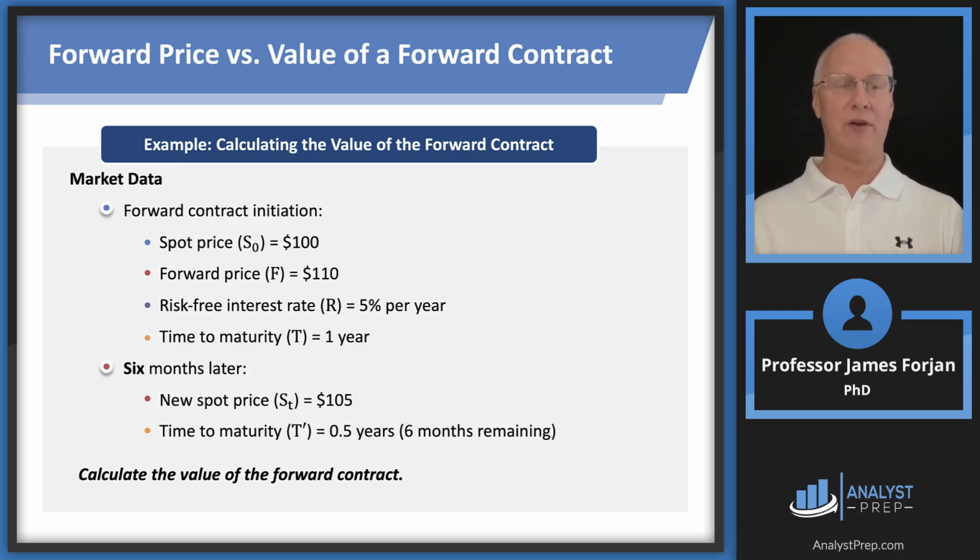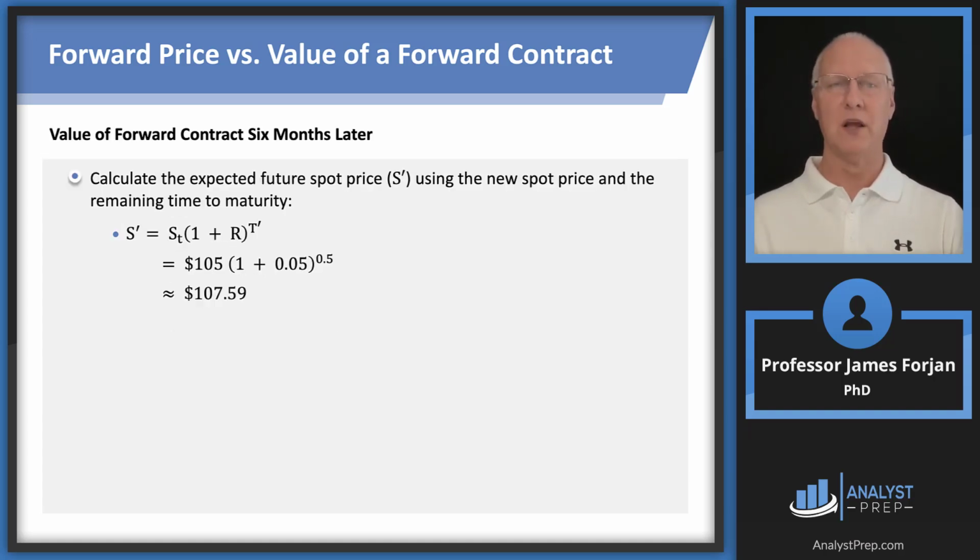in advance. So we have a new spot price. Now the interest rate stays the same, but our time to maturity, which used to be a year, now is only half a year. So let's go ahead and calculate the value of that forward contract in 6 months. So let's start with that expected future spot price.